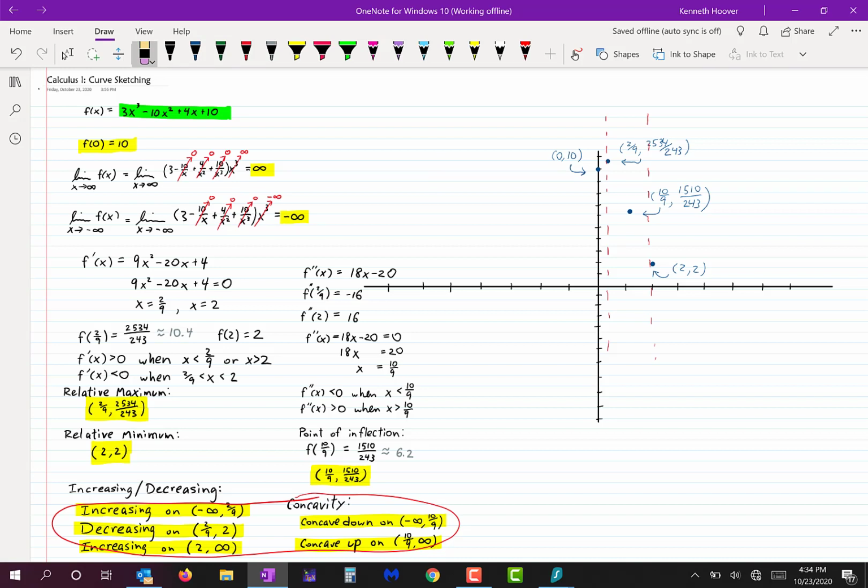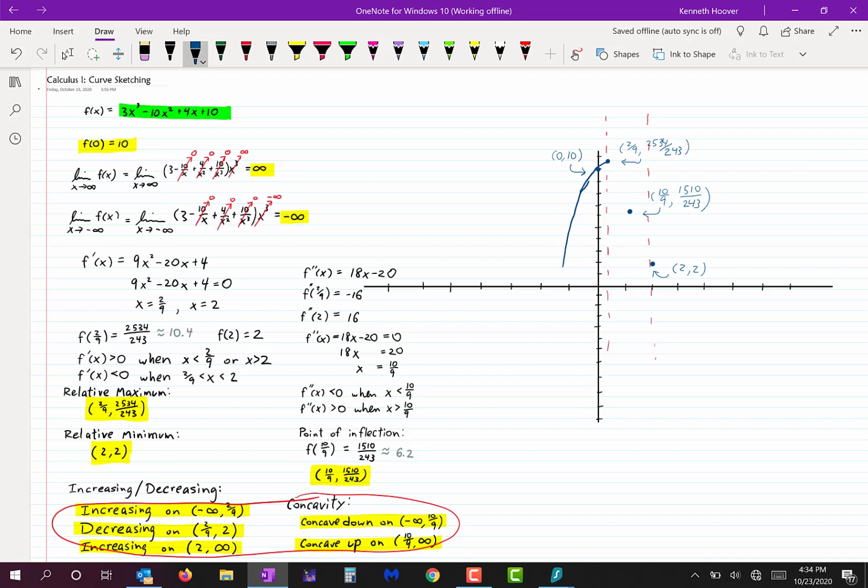We have this graph is increasing and concave down. So it's kind of rounded over. It's going to go through that first point that I made, and then it's going to go through that second point, and that's a relative maximum.